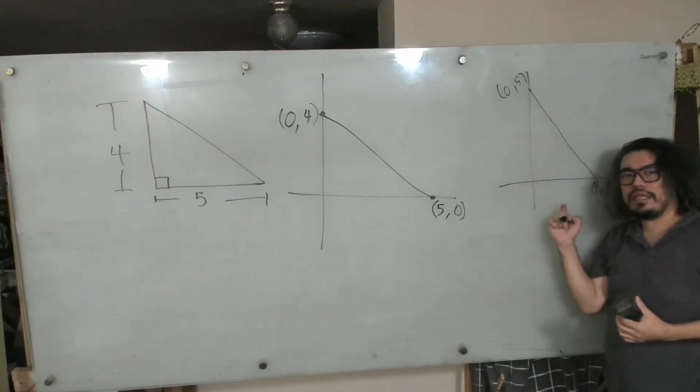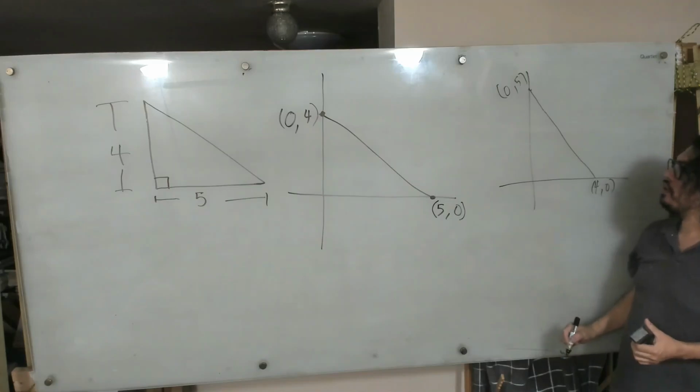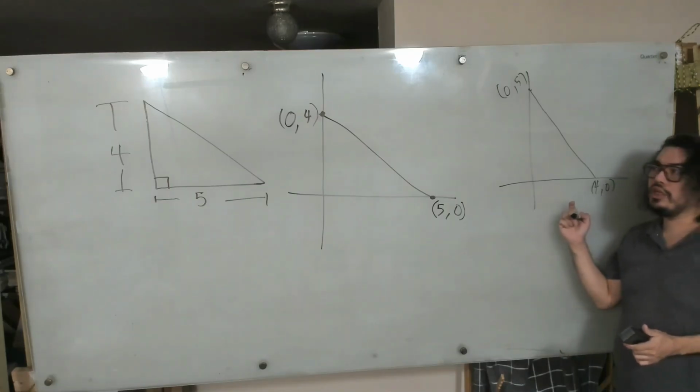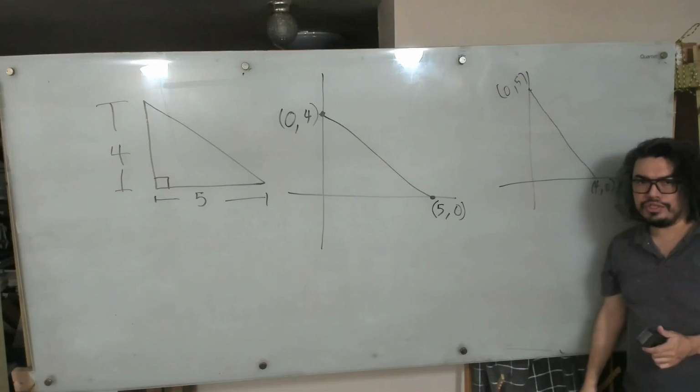Couldn't we use this representation to find the area of the triangle using a Riemann sum?